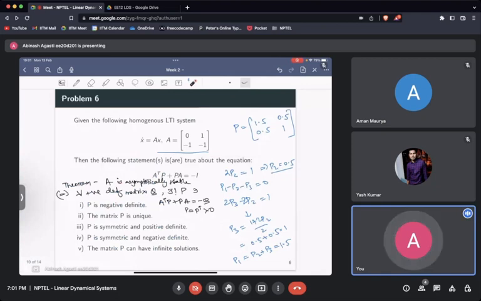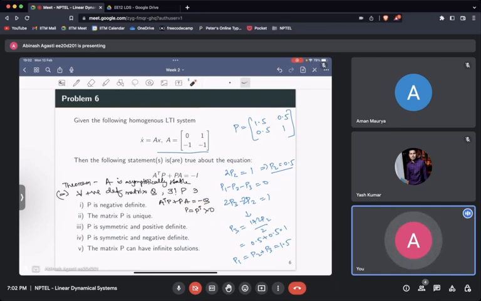So now from this statement, what we can say is since the system is asymptotically stable, for all positive definite matrices Q, there exists a unique P such that A transpose P plus PA will equal minus Q, with P being a symmetric positive definite matrix.